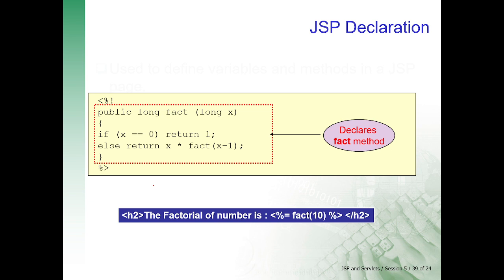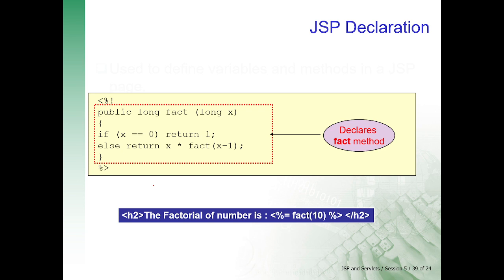This is one more scenario. We define a method under declaration. It's a method to find the factorial of a number. So how are we calling that?